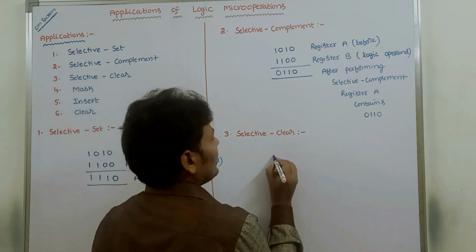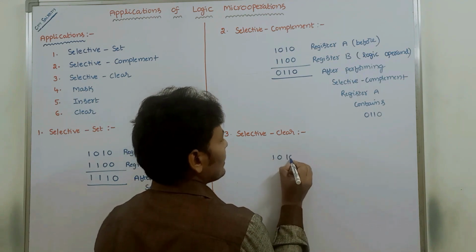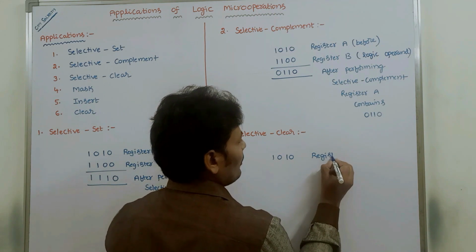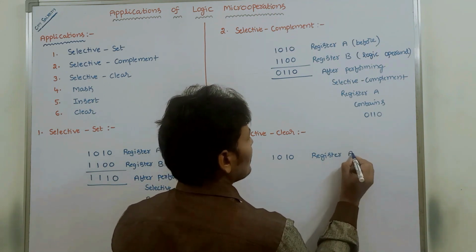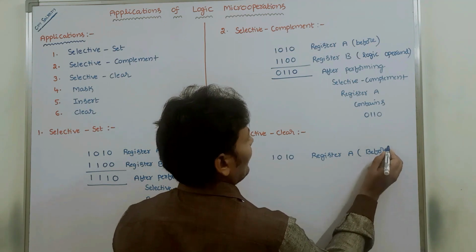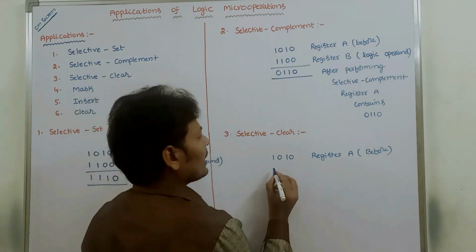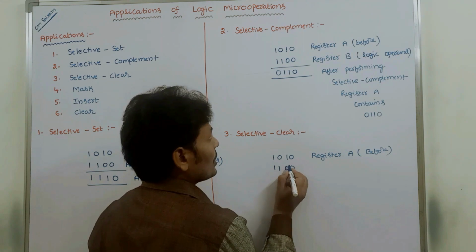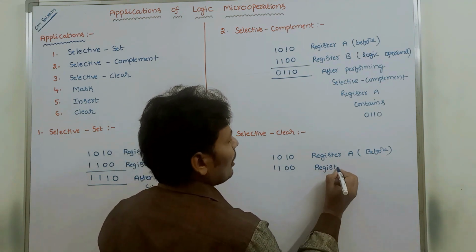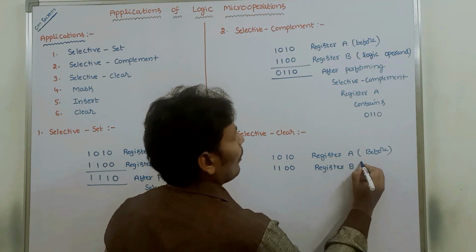Suppose register A contains 1010 before performing the selective clear operation. Register B contains 1100, so it can be called the logic operand.